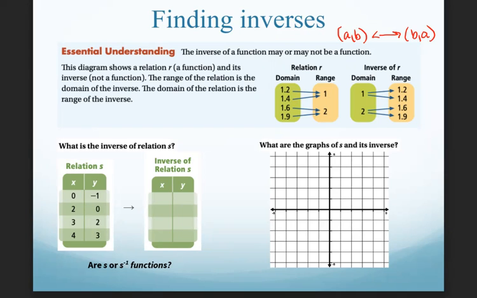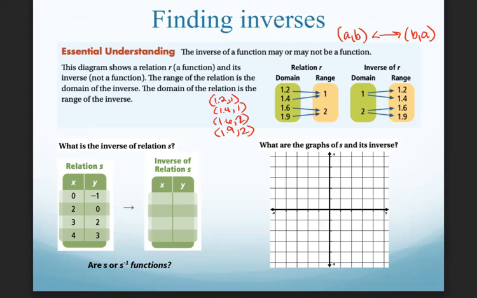So if my domain is 1.2, that gives me the ordered pair 1.2 comma 1. And then I have 1.4 comma 1, 1.6 comma 1, 1.9, whoop, that one should be a 2, comma 2. Okay, that's the set of ordered pairs represented by this relation.